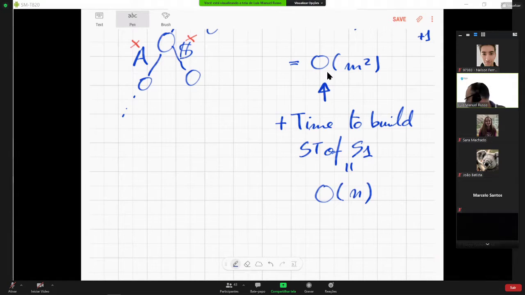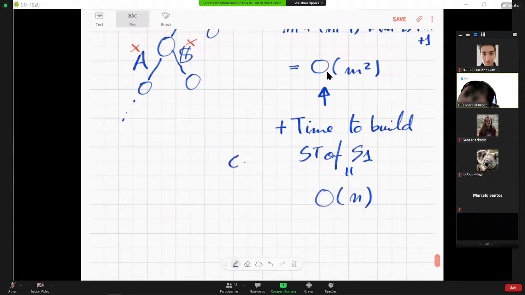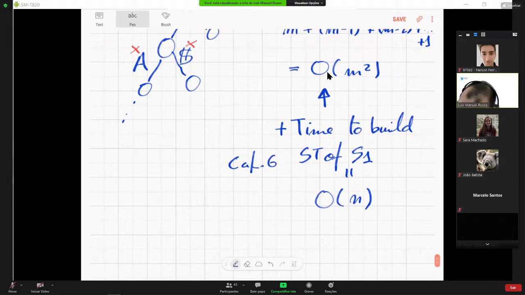But this is the stuff that we're going to see in the next classes, right? So yeah, the bound that I had above was actually pretty straightforward because it was pessimistic, but actually included this time. So this is chapter 6. Okay, so this is the whole of chapter 6, and we are getting to it.